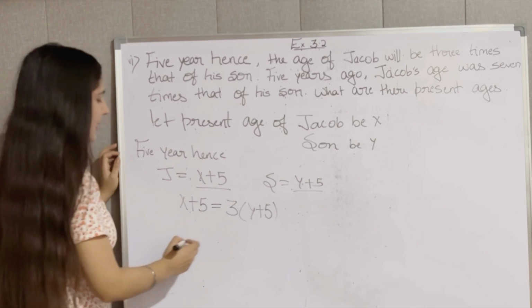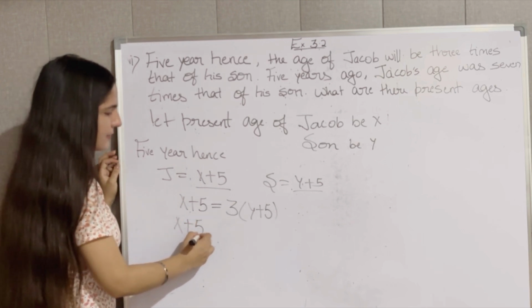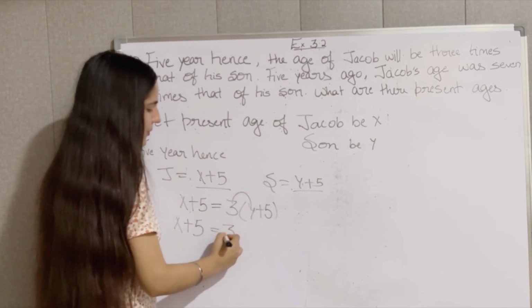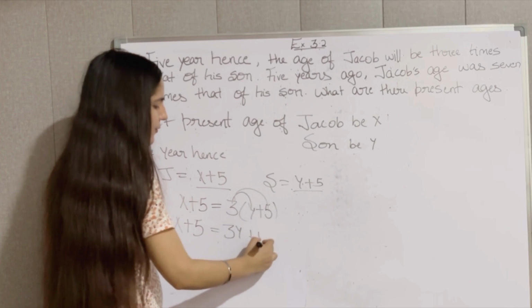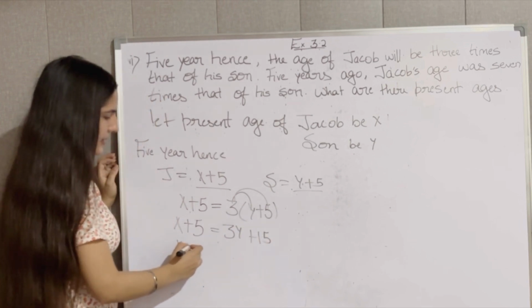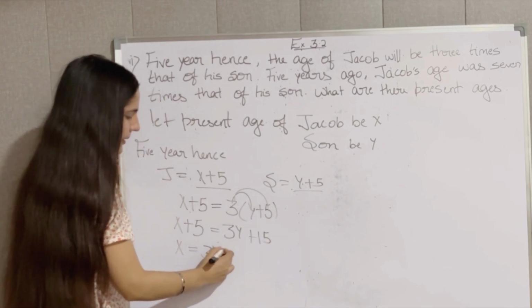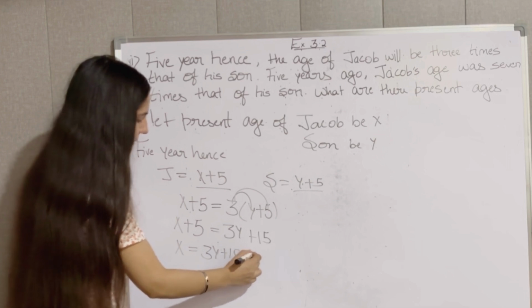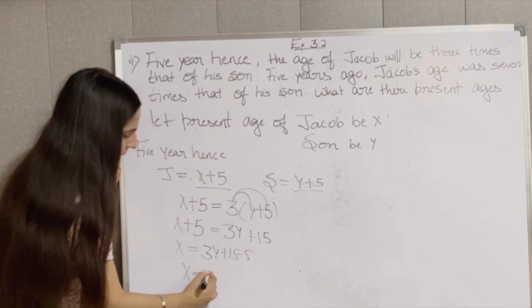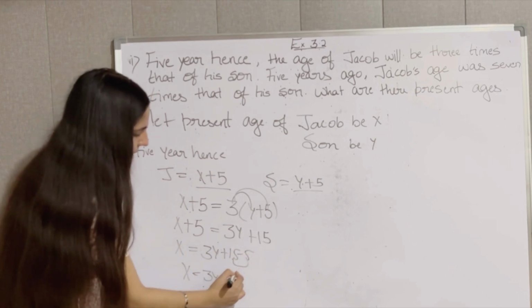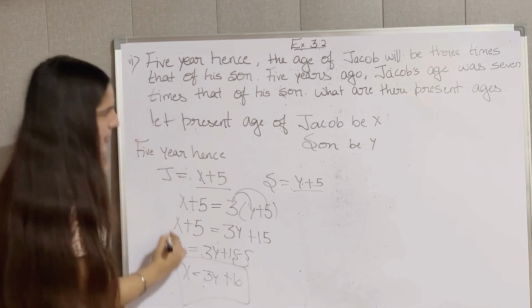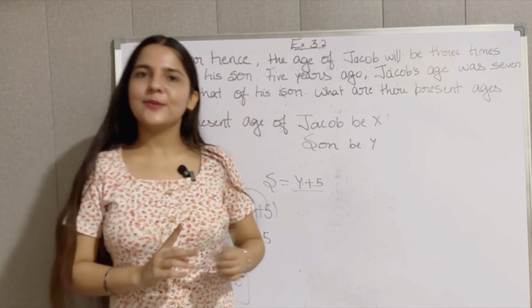So from here we'll get our first equation. x plus 5 is equal to 3 into y, 3y plus 3 into 5, 15. So x is equal to 3y plus 15 minus 5. So x is equal to 3y plus 10. Now we'll make the second equation and put this value.